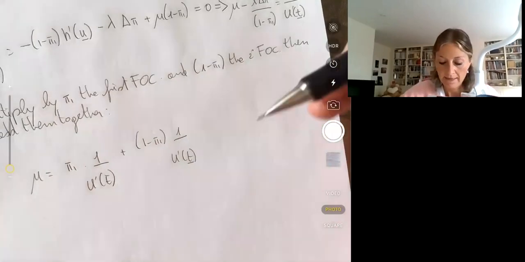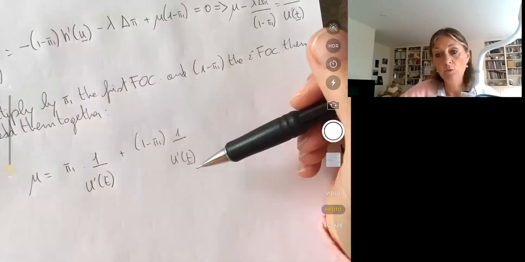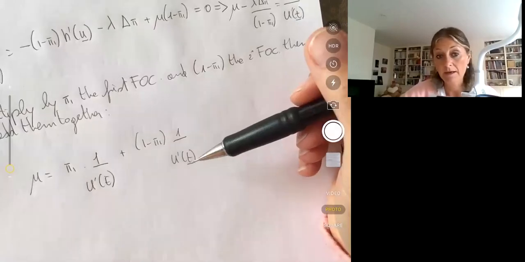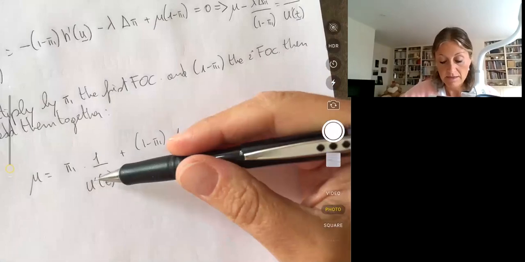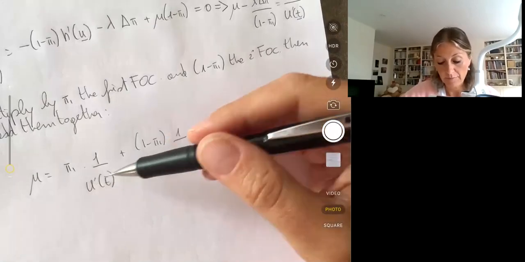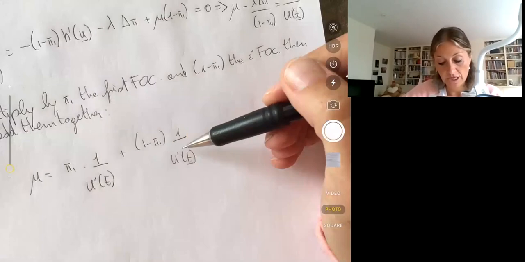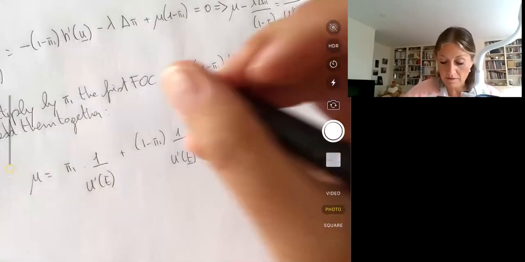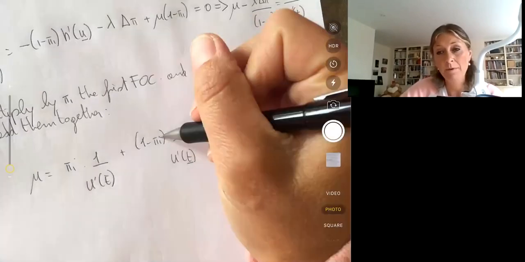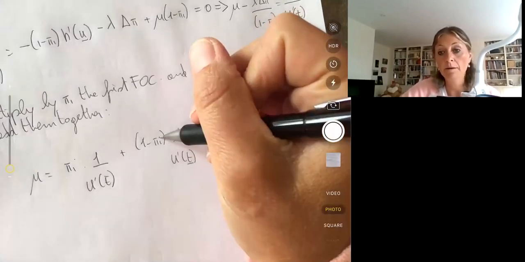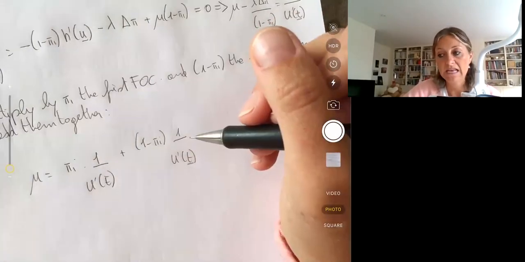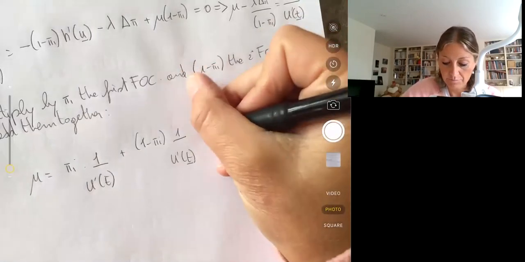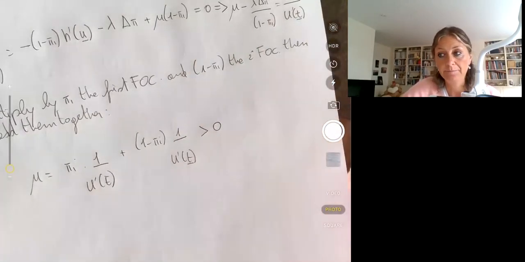Now, since t upper bar and t lower bar are going to be positive, and the marginal utilities are positive, pi 1 and 1 minus pi 1 are between 0 and 1. So we can easily say that mu is strictly positive.